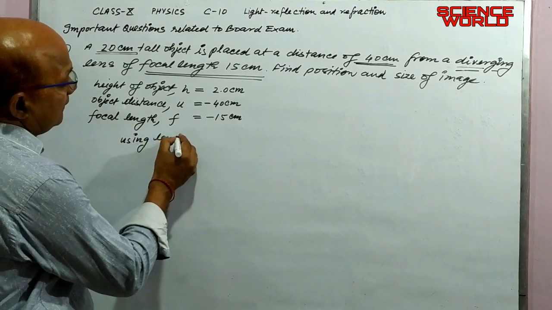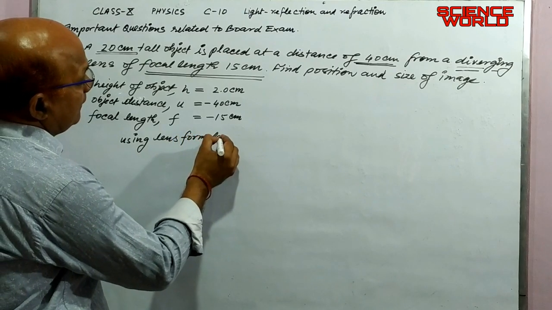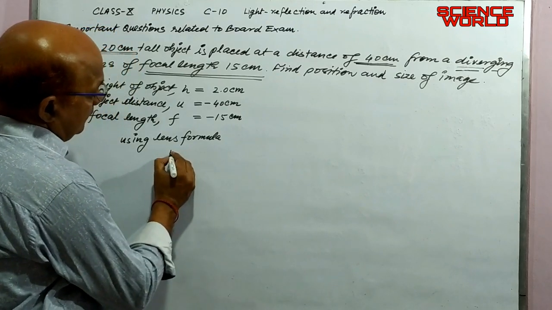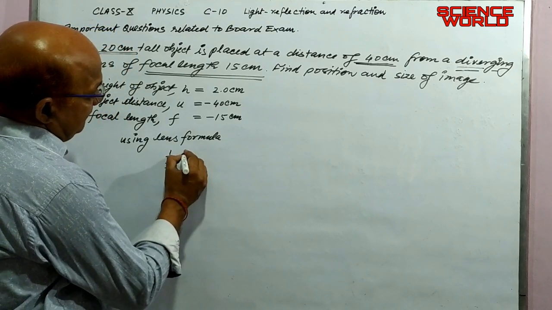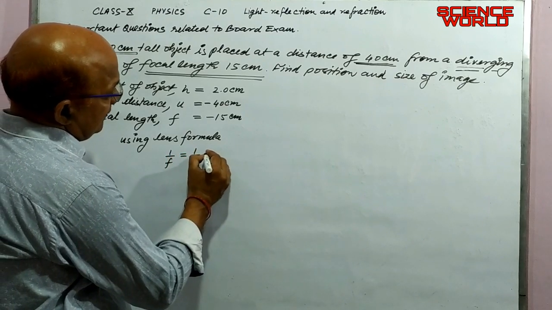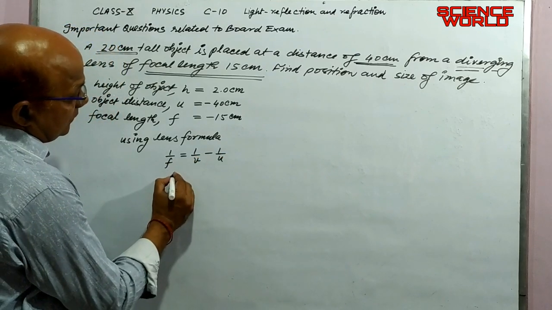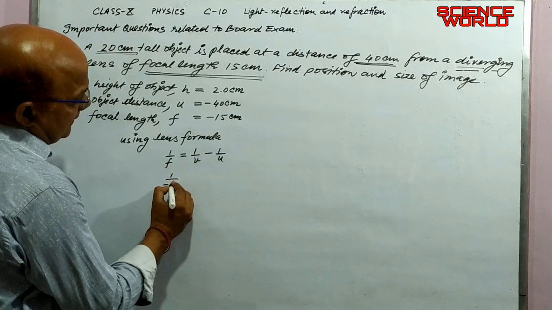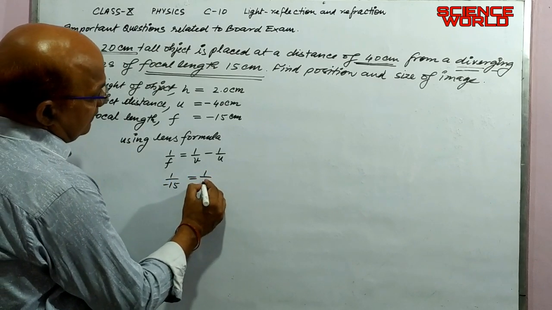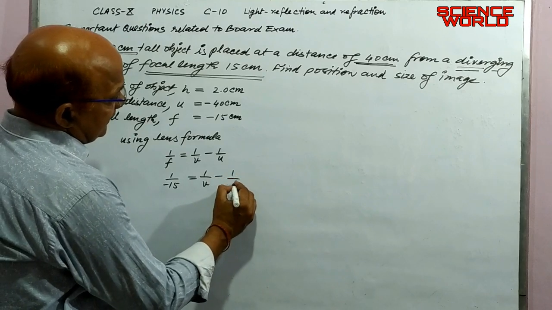Now, we will use lens formula. Using lens formula, 1 by f is equal to 1 upon v minus 1 upon u. 1 upon minus 15 is equal to 1 upon v minus 1 upon minus 40.